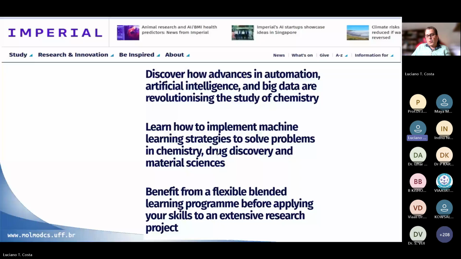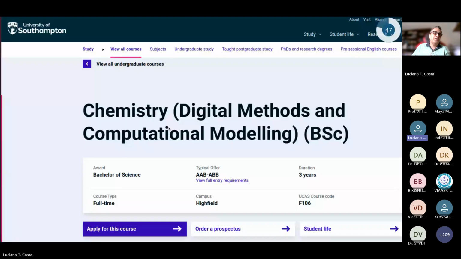But it's interesting because, for example, the University of Southampton created a bachelor in chemistry focused on digital methods and computational modeling. So these people here, everyone, this is the future. So we need to think that developing new materials or new drugs, we can reduce time and focus using digital methods or computational modeling in the best way.